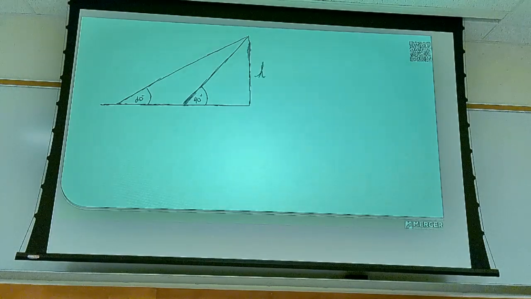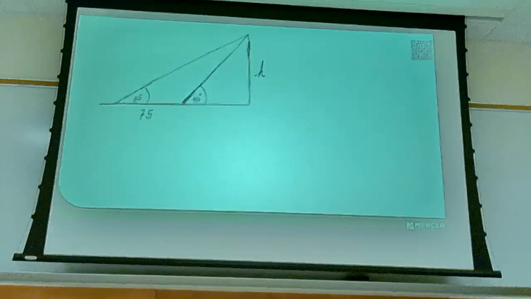That's what we're looking for. And we know this length here, we know that one is 75 feet.